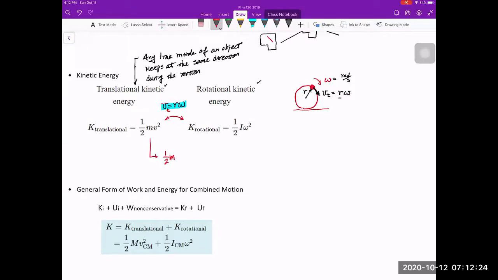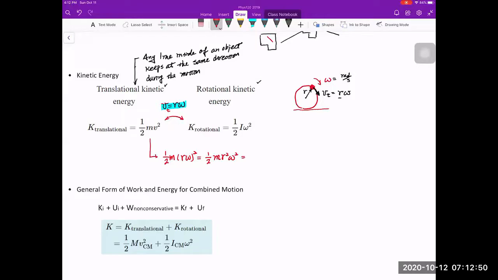We just told you the velocity of this motion is equal to r omega, squared. So then I can write this as 1/2 m r squared omega squared. Now omega doesn't change, it's always going to be a constant.